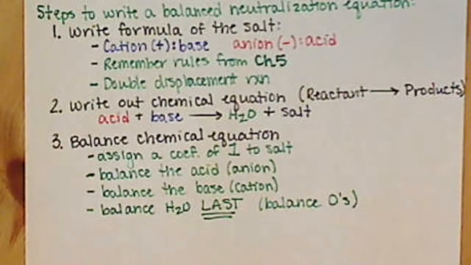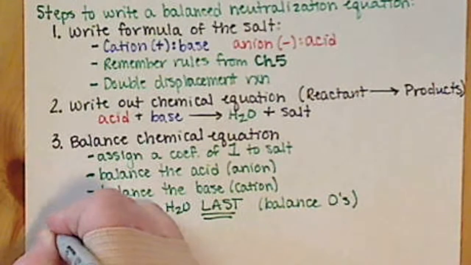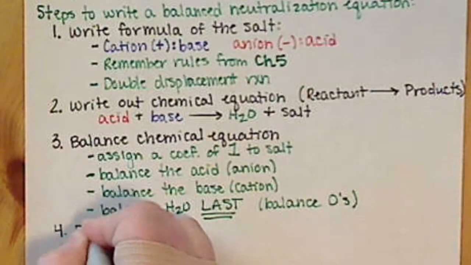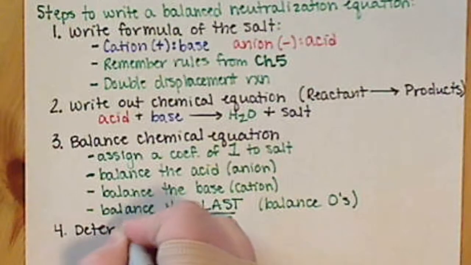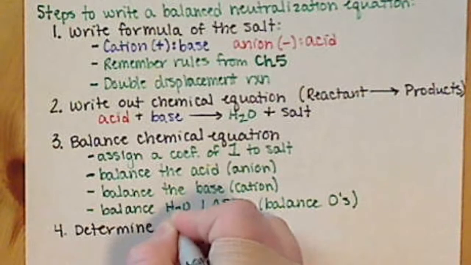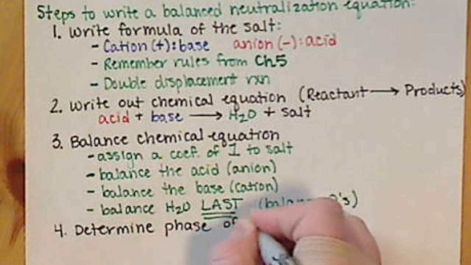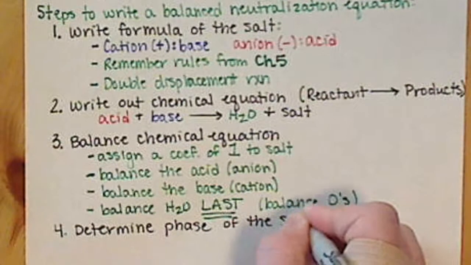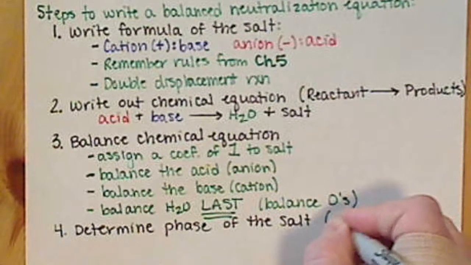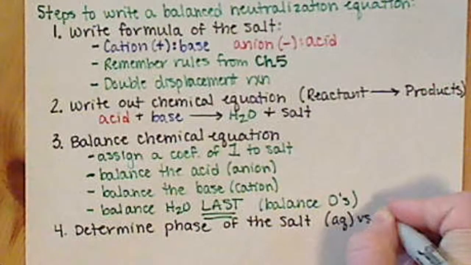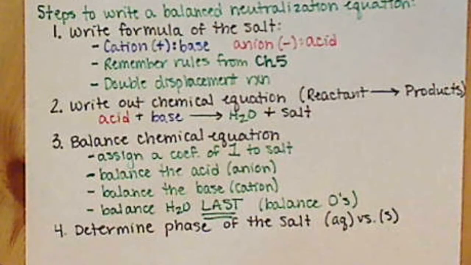The last step to make this a complete chemical equation is you want to determine the phase of your salt. And basically what you're determining between is aqueous versus solid.